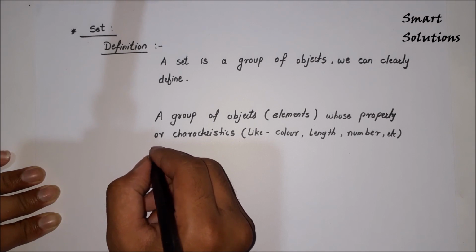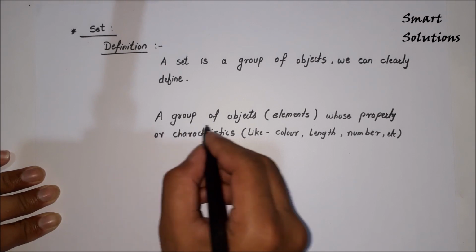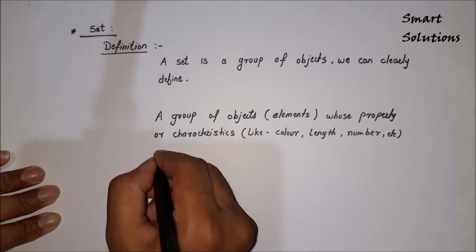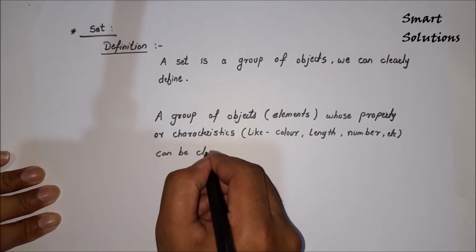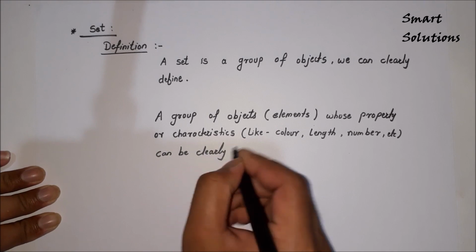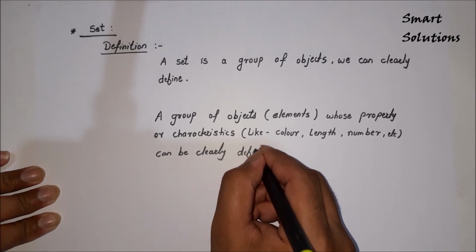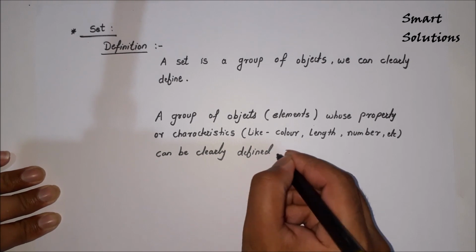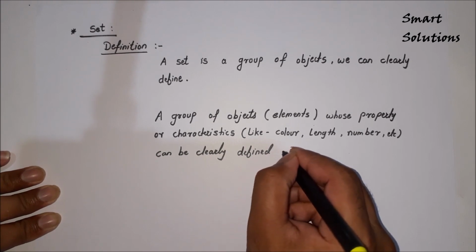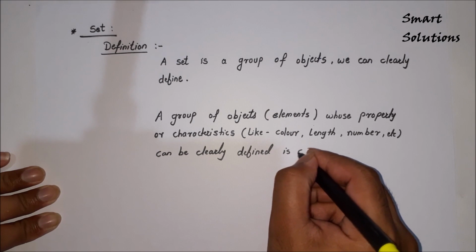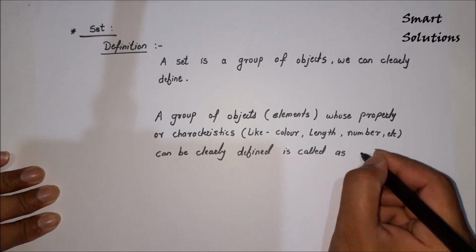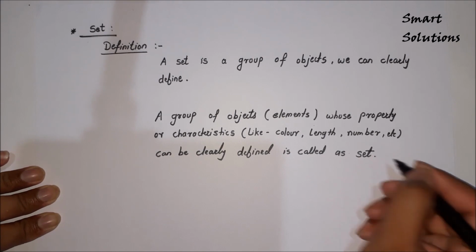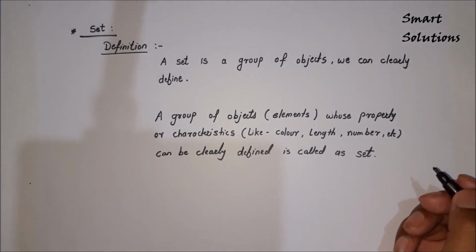So a group of objects whose properties or characteristics can be clearly defined, and what is this called? This is called a set. Okay, so I think this makes more sense to you.